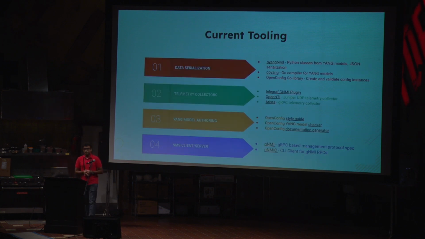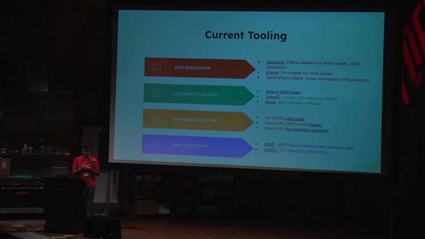I would also like to highlight the current tooling in this OpenConfig space. First is data serialization, which is, again, on the configuration part of network devices, and I have never had a need to use them for monitoring use cases. Second is your telemetry collectors, which are open source collectors that you can use to retrieve monitoring data from a variety of network devices.